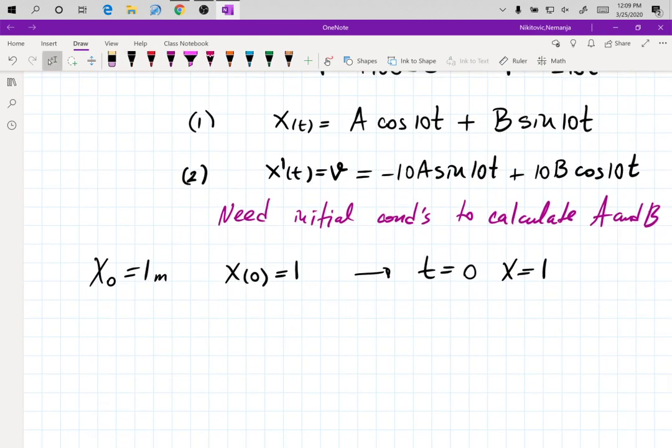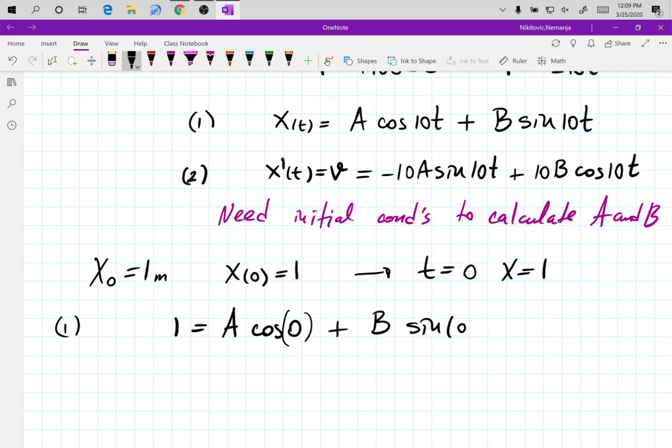So we can use equation 1 to say 1 is equal to a cosine of 0, because 10 times 0, t is 0, right? 10 times 0 plus b sine of 0.